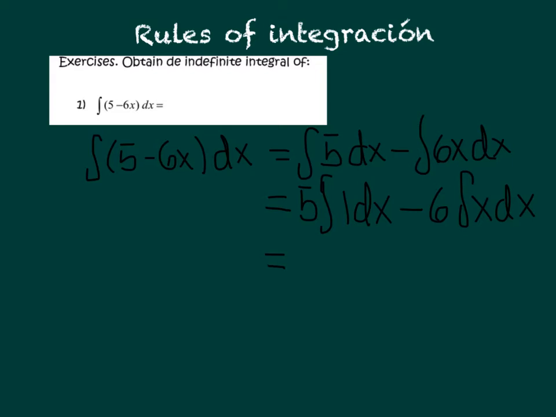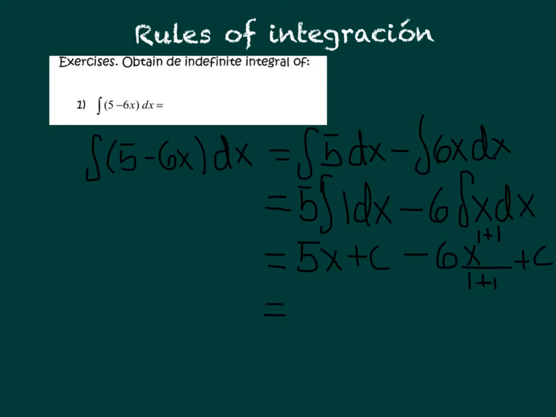So I'm going to have 5x, because the integral of 1 dx equals x plus the constant, minus 6 times the integral of x, which is x to the 1 plus 1 over 1 plus 1, plus the constant.